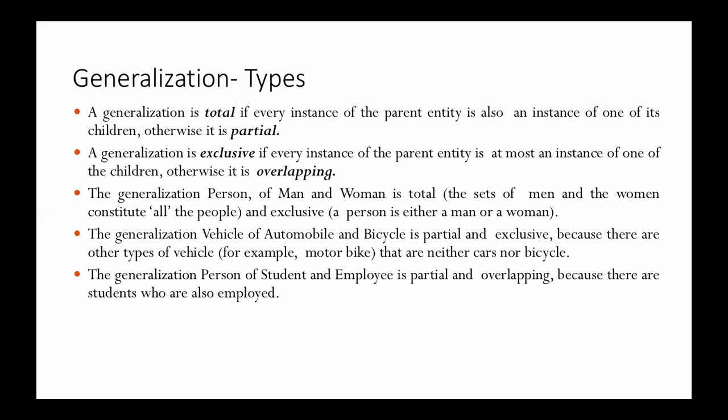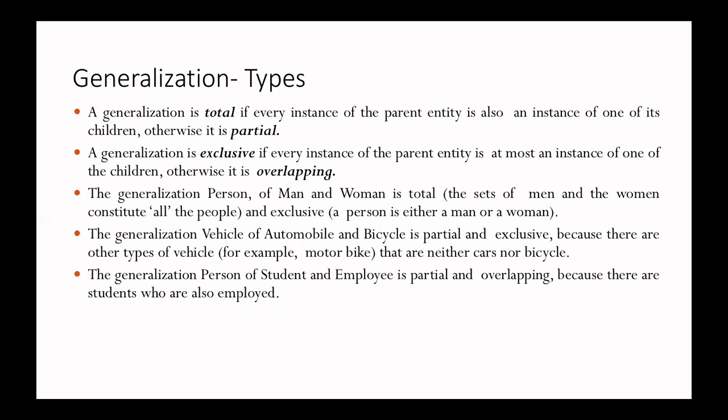The generalization person of man and woman is total. The set of man and woman constitute all the persons, and exclusive. A person is either a man or a woman.